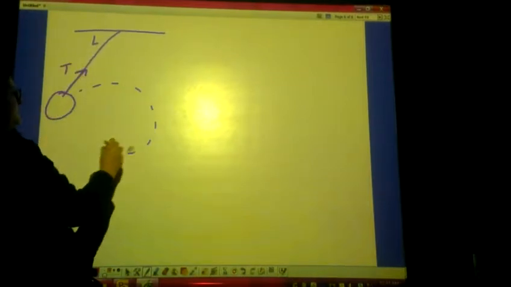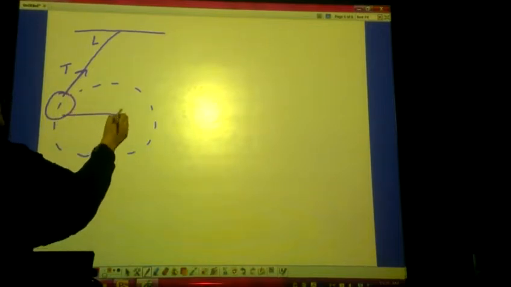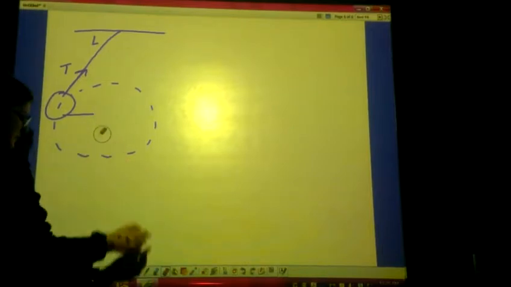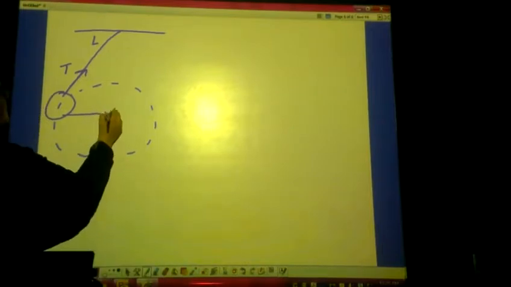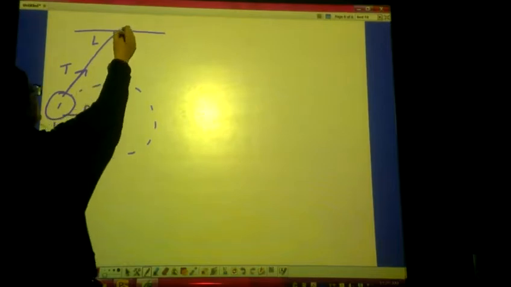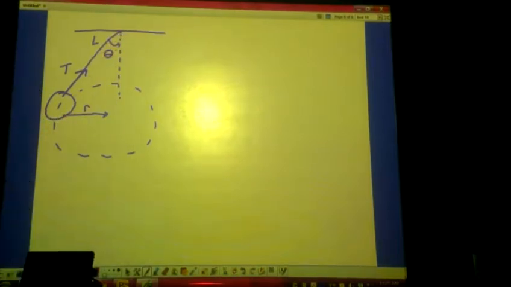It's going to move in some type of circular path. Radius is going to be directed along the radius. And theta was made here. So that was a theta.